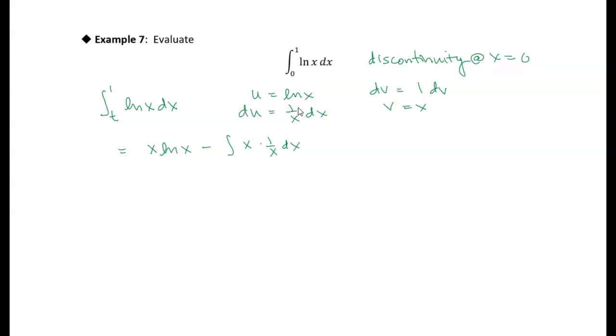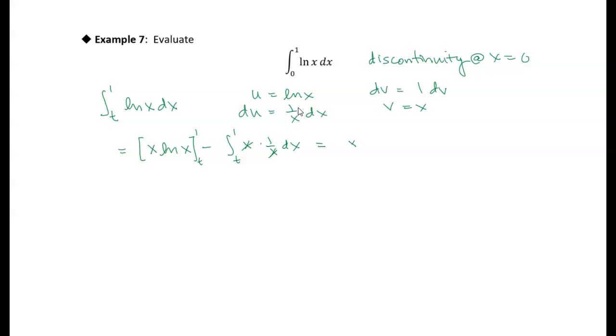Essentially this is going to be from t to 1, and we could evaluate it from t to 1, but I'm going to wait until I've got the whole thing done, and then evaluate the whole thing. Because these x's will cancel out, this is just basically the integral of 1 dx.